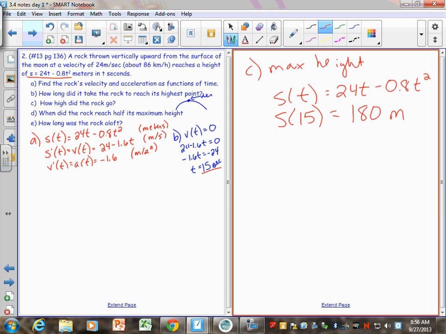What about part D? Let's think about this for a minute. It says, when did the rock reach half of its maximum height? Right, you can't just half the time because it's not necessarily going to be, yes.